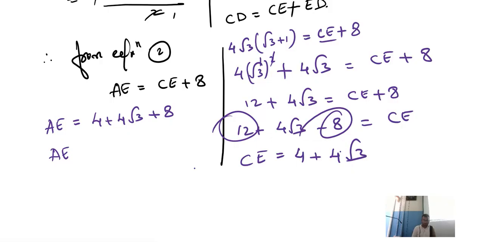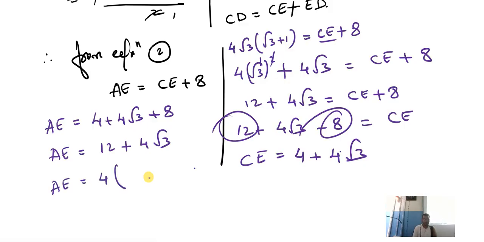Now we can write AE is equal to 4 plus 8, which is 12, plus 4 root 3. Now 12 and 4, do they go with any table? Yes, sir, the 4 table.